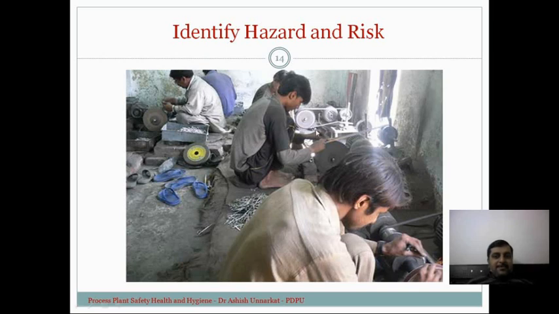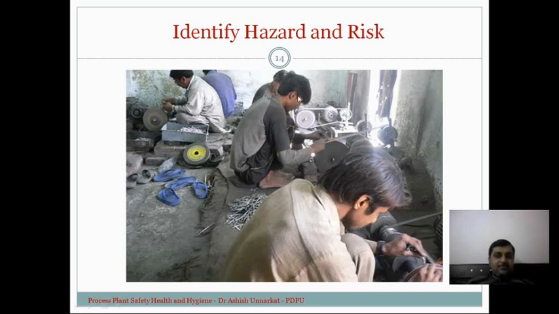So the hazard is they can get caught in the rotating wheel. There is no protection here. There is no guard as well, which can protect against any kind of sparks which can come up to them. These are all the hazards.